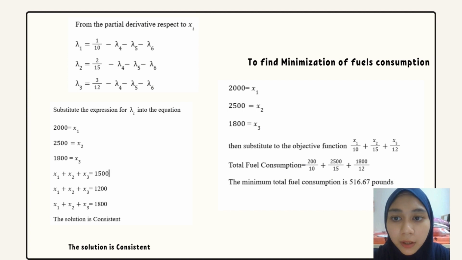From our earlier partial derivative with respect to x_i, we make delta 1, delta 2 and delta 3 the subject. Then we substitute the expression for delta_i into the equation, and we will get this.